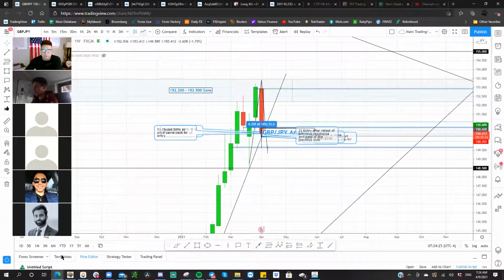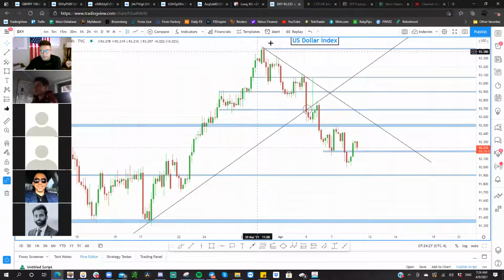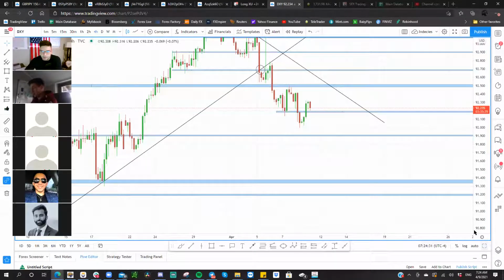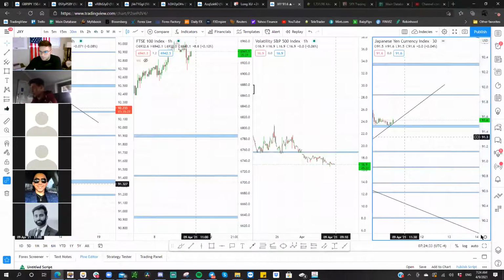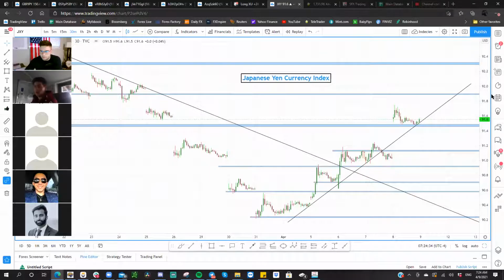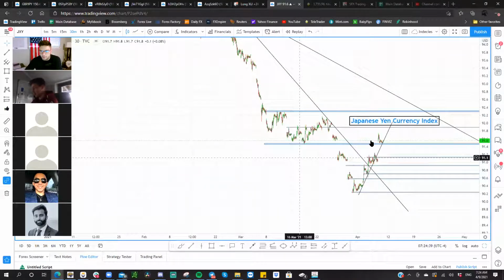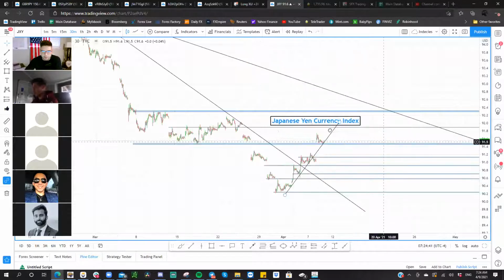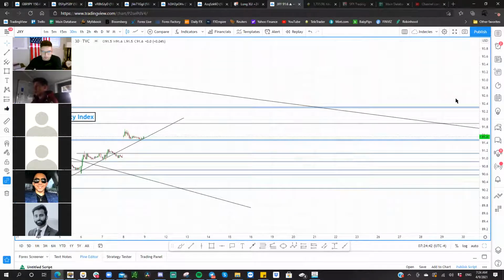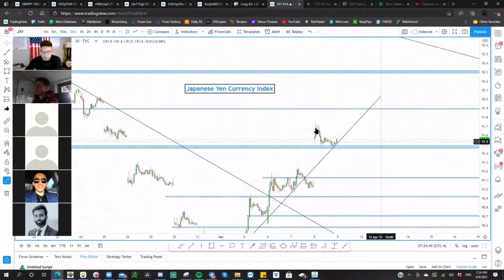Also, take a look at the Japanese currency index. This is the DXY, by the way, so we're dropping. And gold should be on its way up. But on the Japanese currency index, we're correcting some of these moves over here, closing right back into this range, creating a support, respecting this trend line. Could retest this high, continue up.